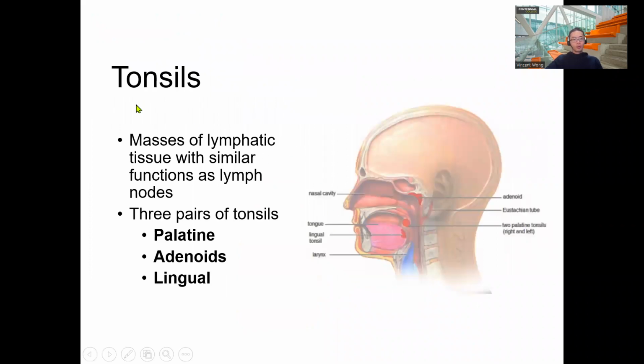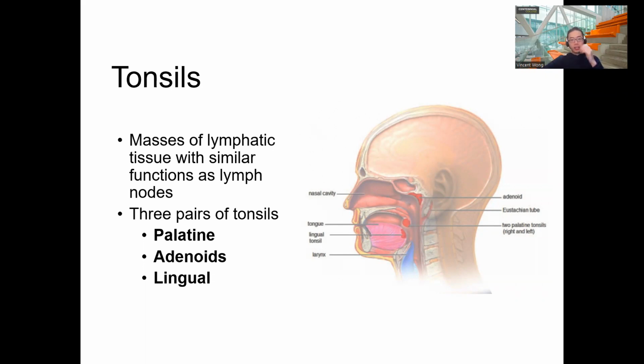Okay, tonsils. We have 3 pairs of tonsils, and they are basically a collection of lymphatic tissues that has white cells in it, for example, and they will screen for pathogens.